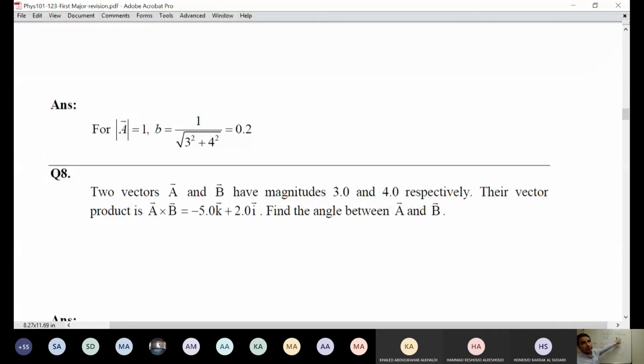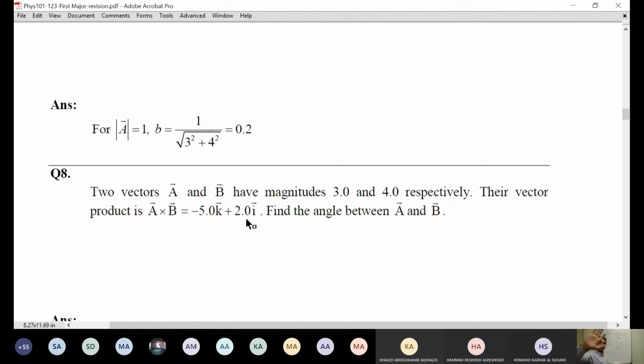So the unit vector I put is definitely a vector. As you are seeing here, A cross B is equal to a vector, which is minus 5k plus 2i. So yes, n is a vector which will be perpendicular to the plane of A and B.